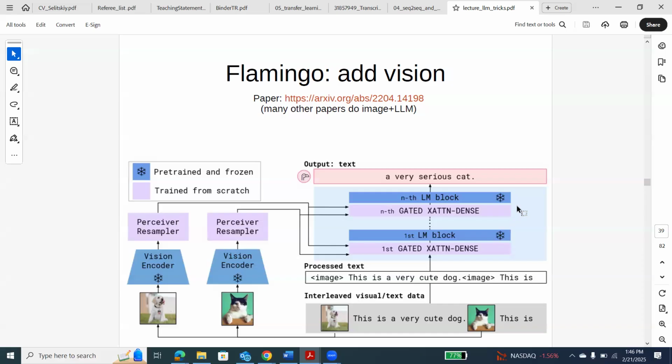And your attention will look not only at the text, but also at the embeddings of input images, for example. And if you fine-tune this model on some tasks like image recognition, then this model, it's called Flamingo, you can type the text and image, and for example, ask what is in this image, and it will provide the text that there is a cat on this image and something like that.